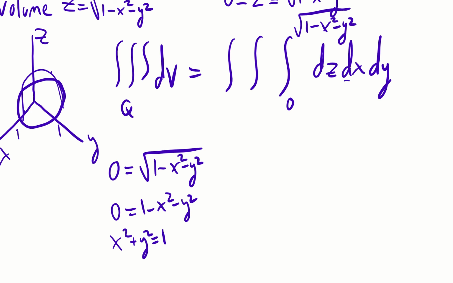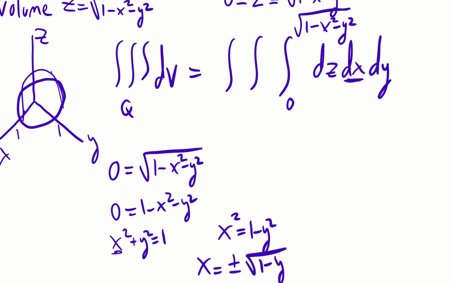If we are going to integrate with respect to dx, then we can't have x for our bounds. We need a function of y. So let's go ahead and solve this for x. x squared is equal to 1 minus y squared. If we take the square root, we get x equals plus or minus the square root of 1 minus y squared.